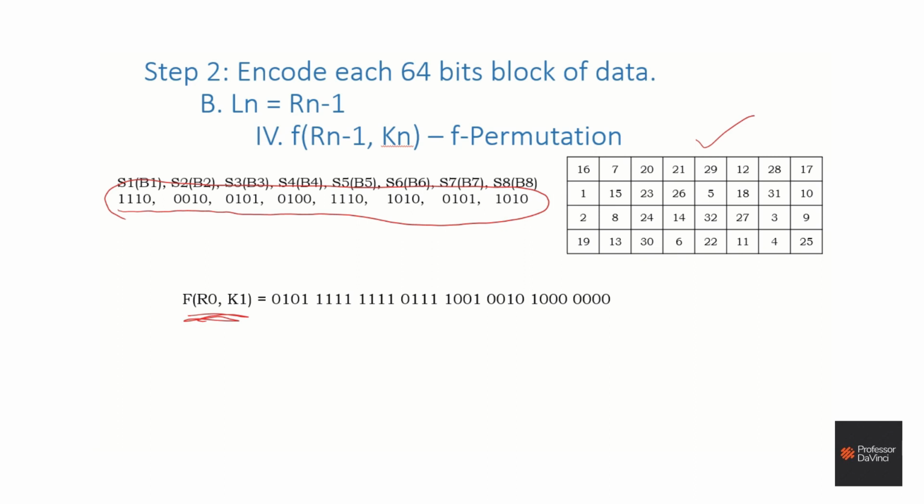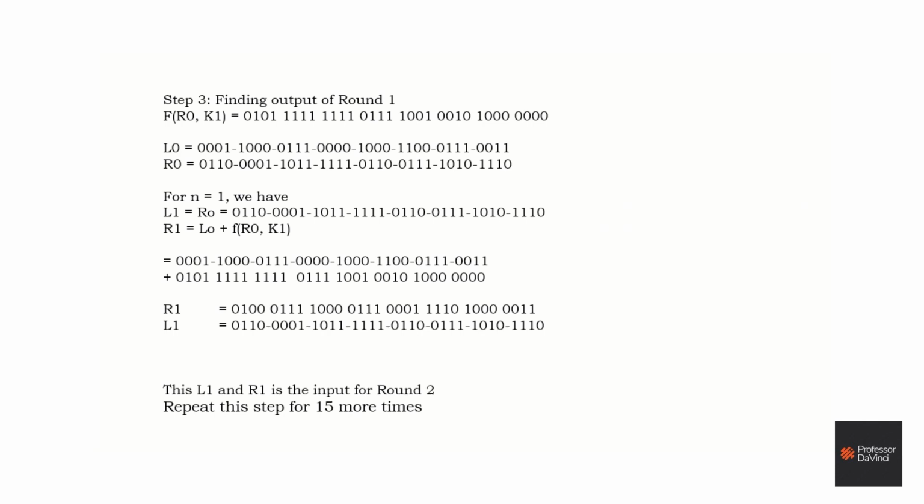So we yield the F of R0, K1, then find the output of round 1. So we got the function of R0, K1.